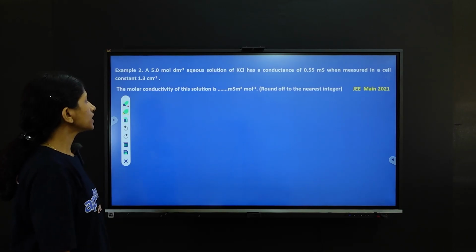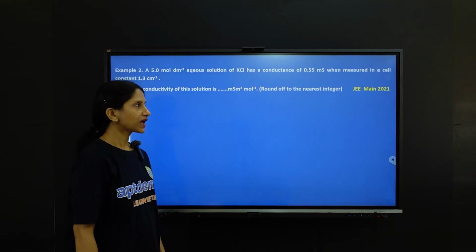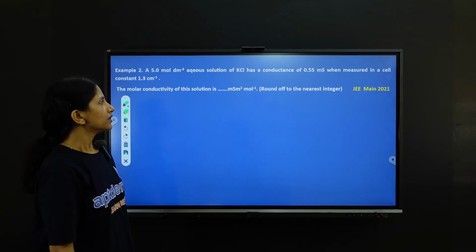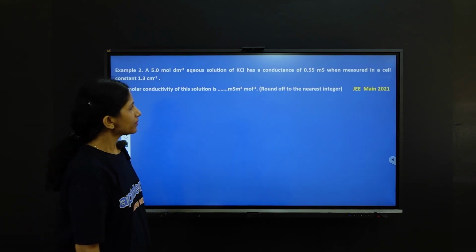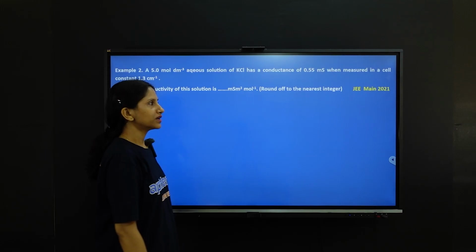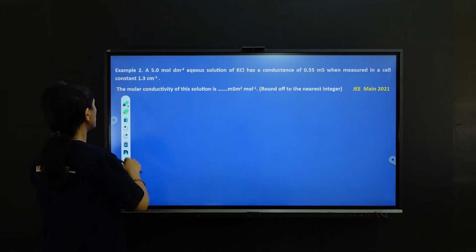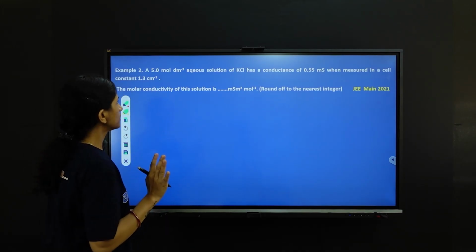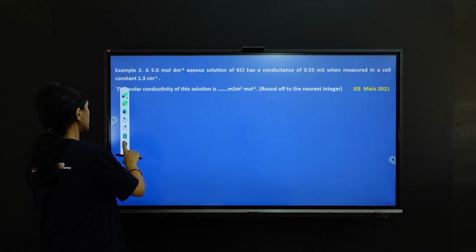The molar conductivity of this solution we have to calculate in the unit millisiemens meter square per mole, and round up to the nearest integer.